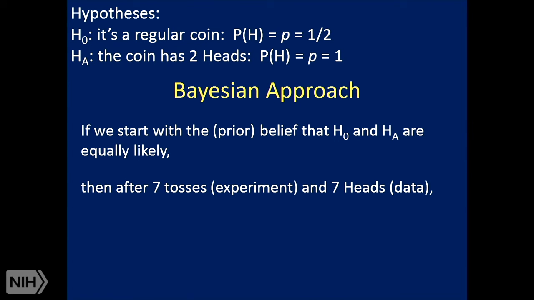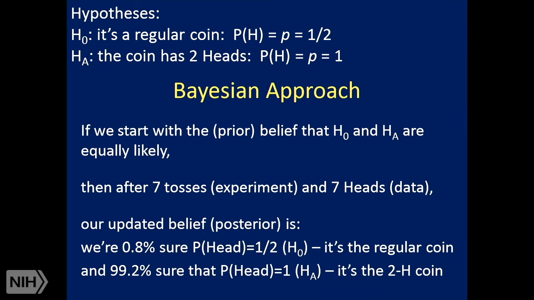So after 7 tosses and 7 heads, our updated belief, so we're talking about the very last graph, is that we are 0.8% sure that we have the regular coin, and we are 99.2% sure that it is the two-headed coin. Now, I just want to make sure, and I'll show you in the next slide, but I will say it right now.